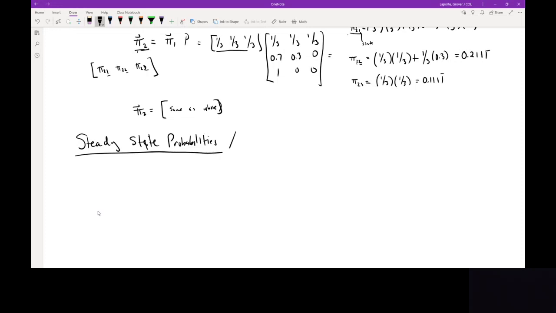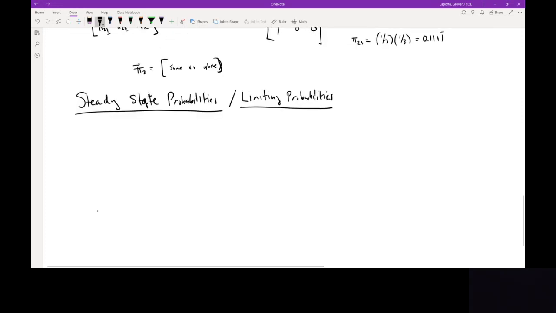And then in some books you'll see them called limiting probabilities. If I say limiting, that means steady state. So I'm going to try as much as possible to say steady state probability, but I learned it as a limiting probability. So just know that that's what I mean by limiting probability.